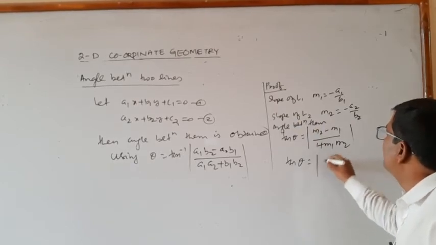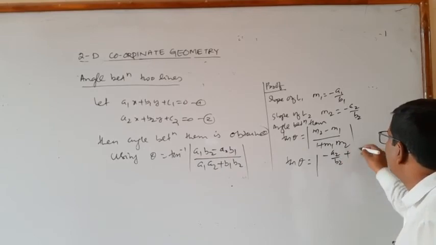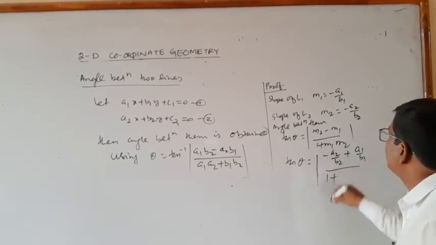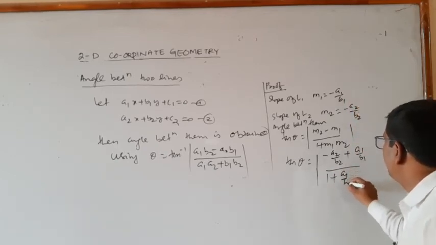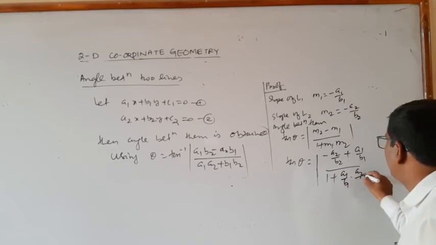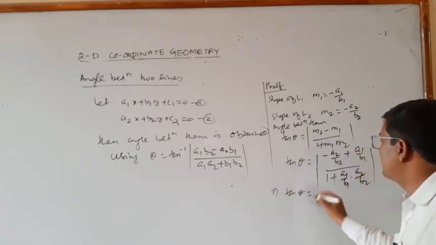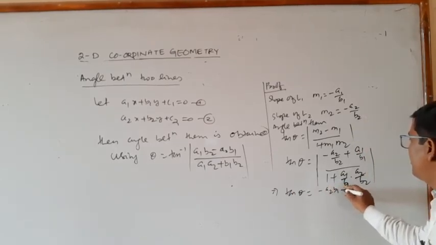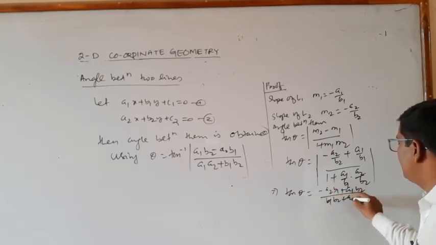That is, m2 means a2 by b2, and minus of this is plus a1 by b1, whole divided by 1 plus, minus in plus, a1 by b1 into a2 by b2. So tan theta is equal to minus a2 b1 plus a1 b2 divided by b1 b2 plus a1 a2.